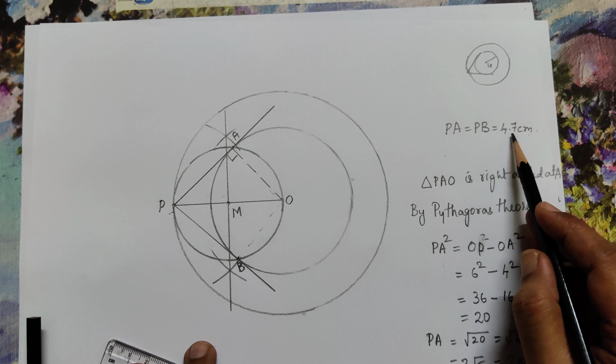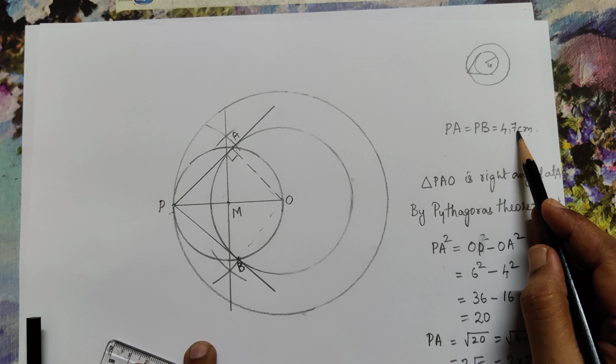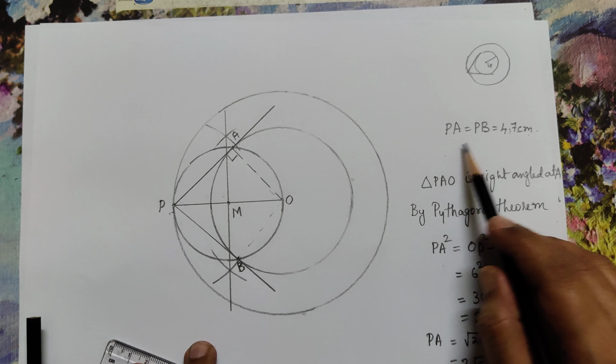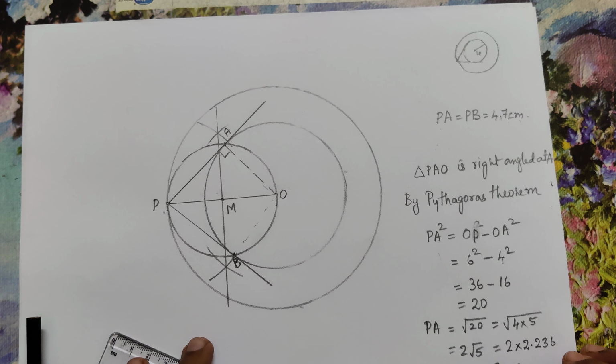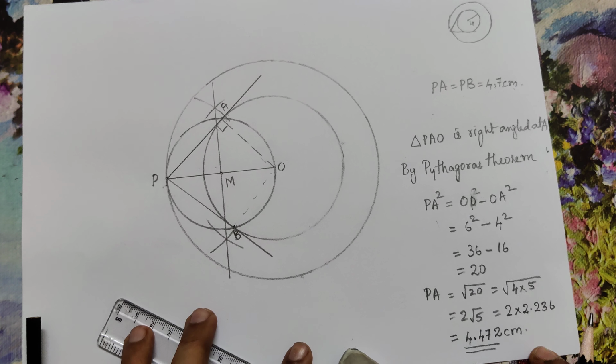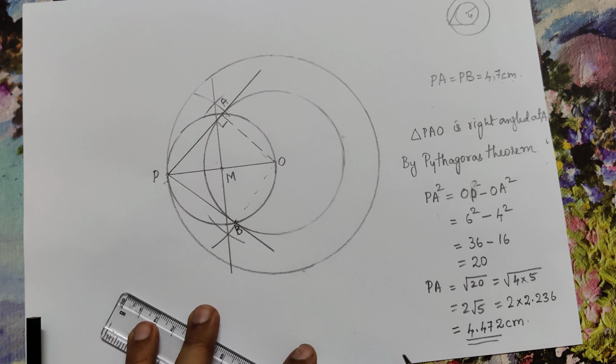Okay, 4.7. The next digit you will not get accurately in your scale. So it is almost the same. Hence you can write it is verified. Therefore, verified. The value is verified through calculation.